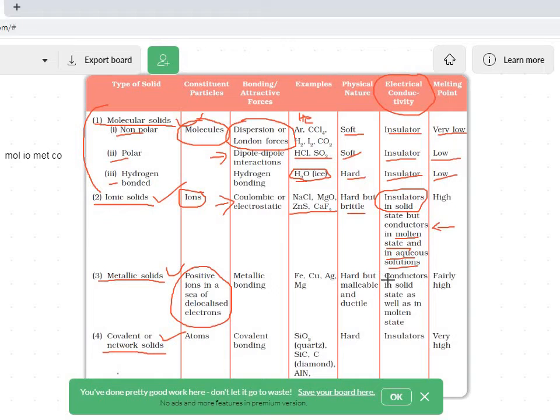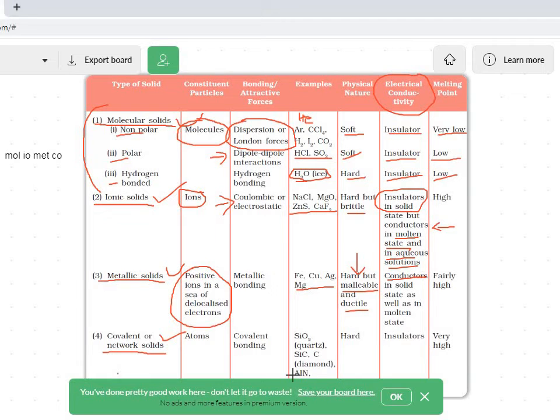So they are actually conductors in both solid and molten state. Examples are iron, copper, silver, magnesium, all metals. We know metallic properties. They are hard but malleable and ductile.